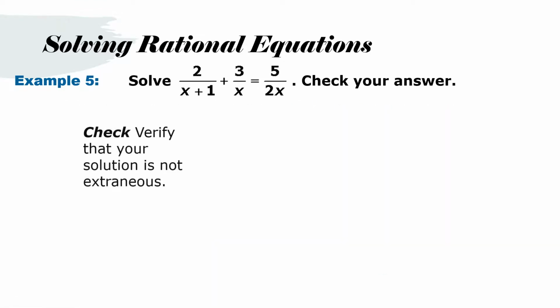Let's try to check. Checking is very important because we can be assured whether the value of our x is extraneous or not. When I say extraneous, if we substitute the value that we got for x, the answer would either be undefined or erroneous.